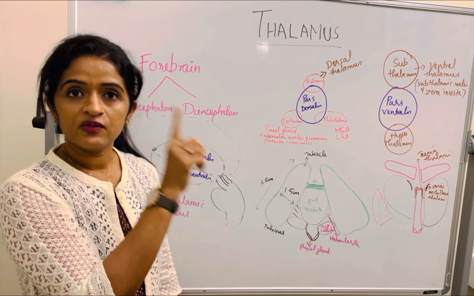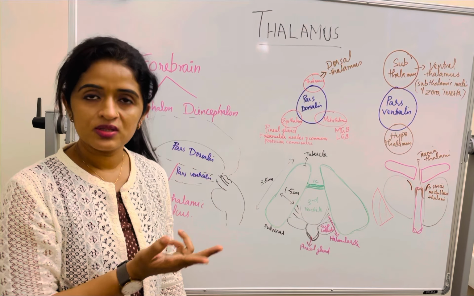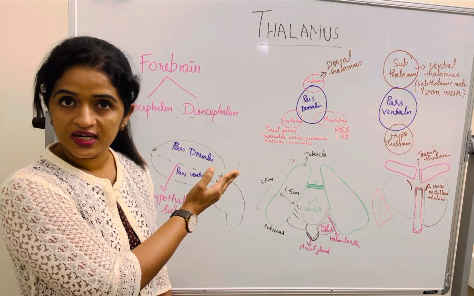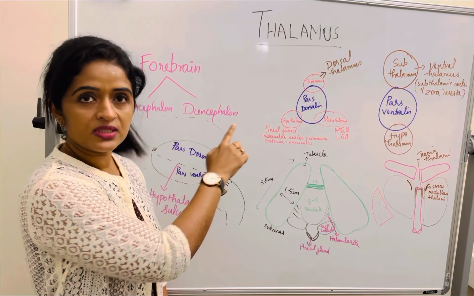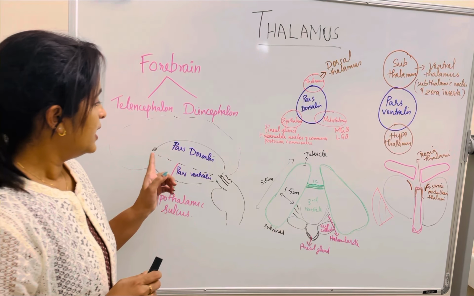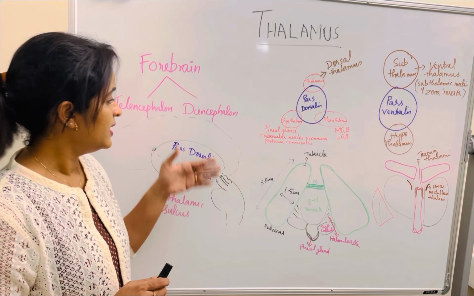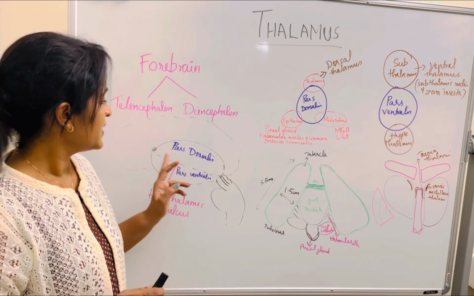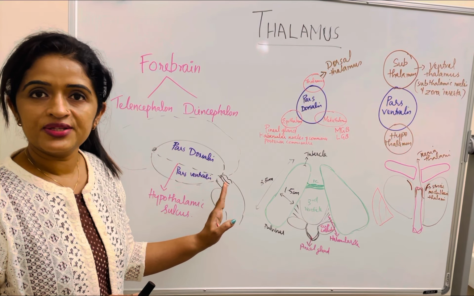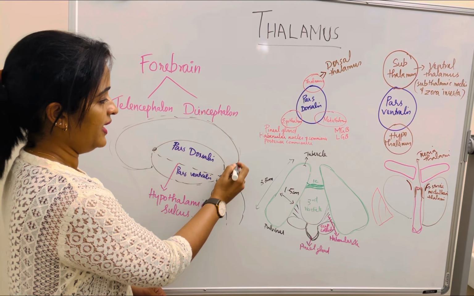So once again, we have forebrain, midbrain and hindbrain. In the forebrain, we have two subdivisions. One is telencephalon and the other one is diencephalon. And it is from this diencephalon you have the thalamus derived. So this is actually a sagittal section which you will be seeing when you cut the corpus callosum, and in the sagittal section you can see this whole thing is the cerebral hemisphere.